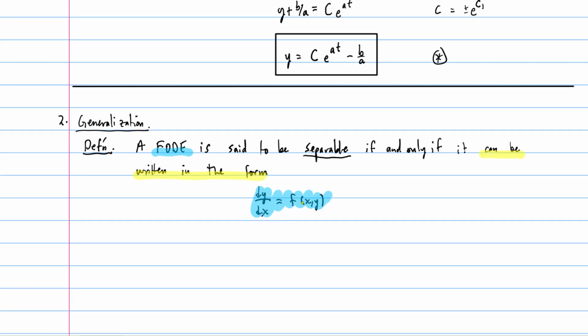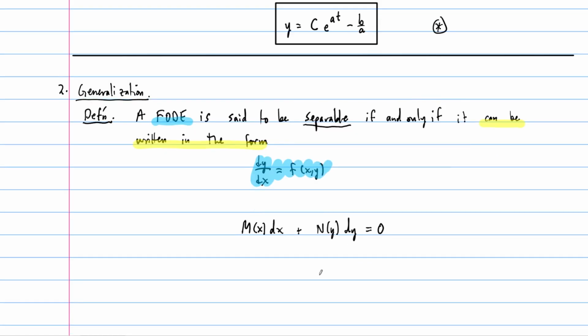So right now this is just a general first order differential equation. If I want this to be separable, then the definition that I'm writing here is that we can write this in the following form: some function M of x times dx plus some other function N of y dy equals 0.